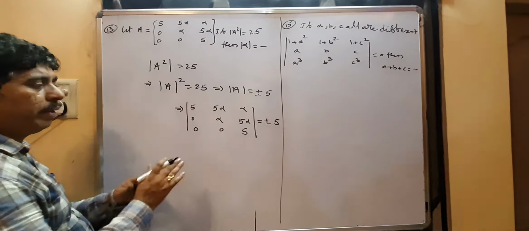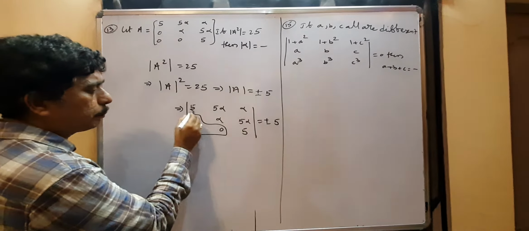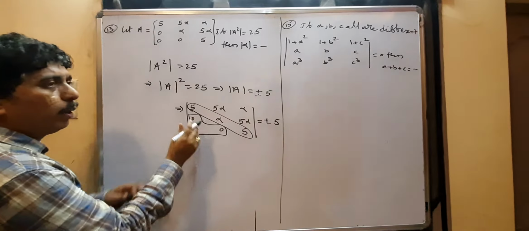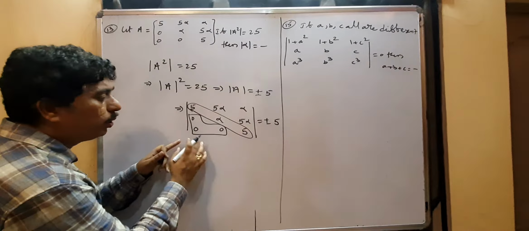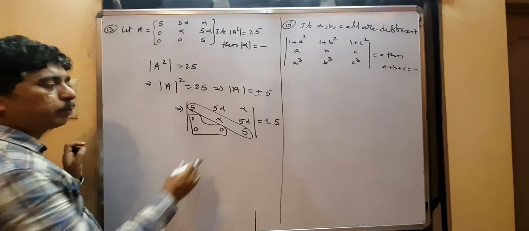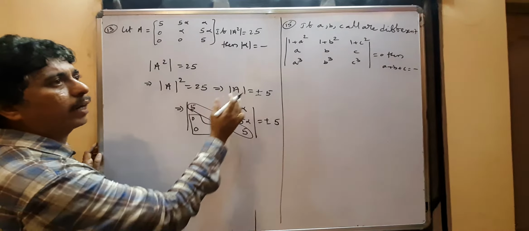Now you can observe that the three elements are 0, the elements below the principal diagonal. All the elements below the diagonal are 0, so obviously this is an upper triangular matrix.